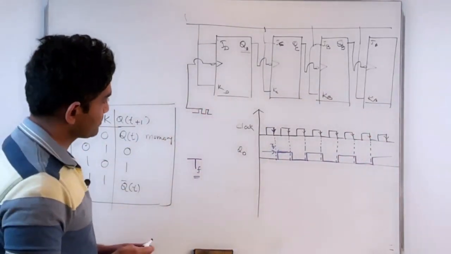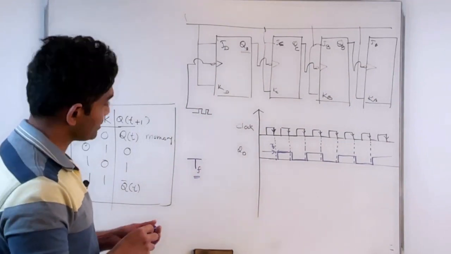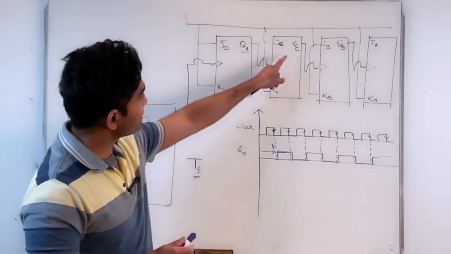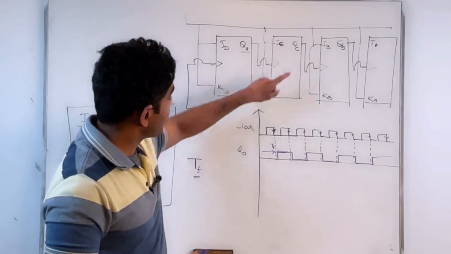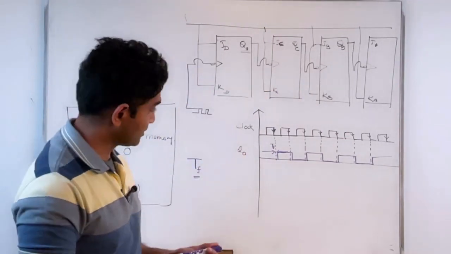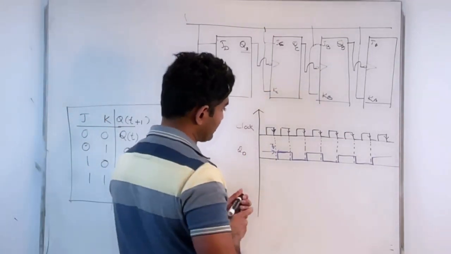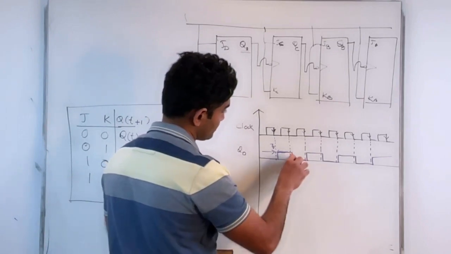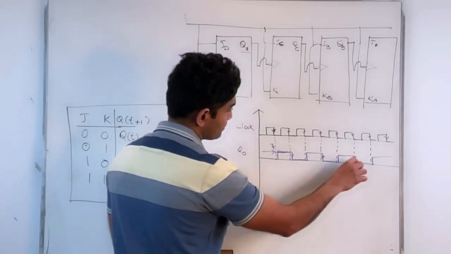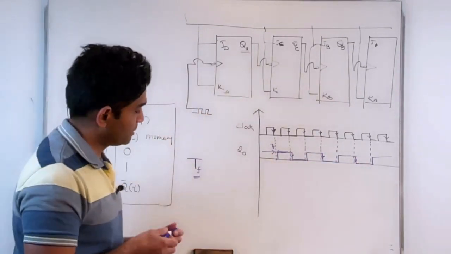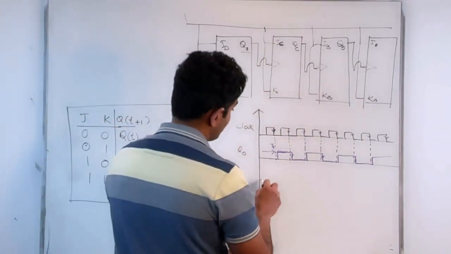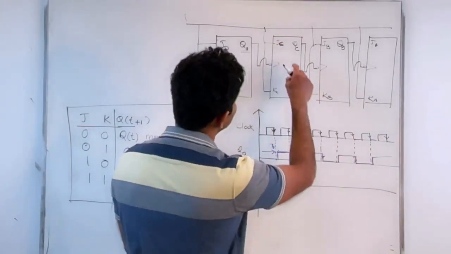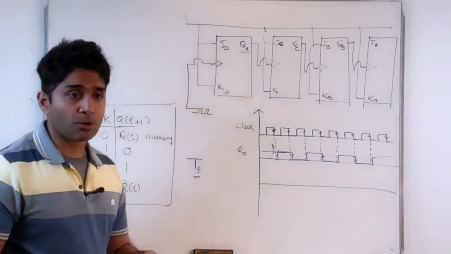All right, now what about QC? Remember that for QC, my QD is the clock, and these are the active edges for QC. If I want to draw QC, the JC KC flip-flop will have its own timing delay.